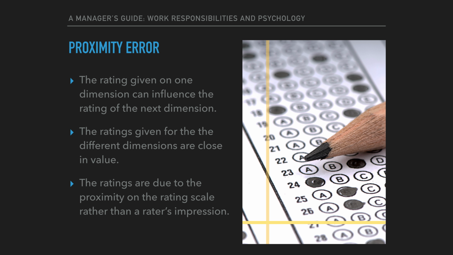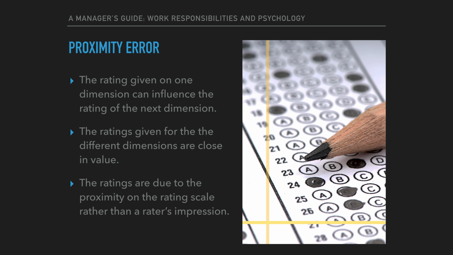And next we have a proximity error. The proximity error is surprising, and it's not immediately obvious. For example, we can have a performance evaluator that is rating workers on a list of dimensions, and it turns out that the rating the evaluator gives on one dimension or attribute influences the rating that the person might give on the next dimension or attribute.